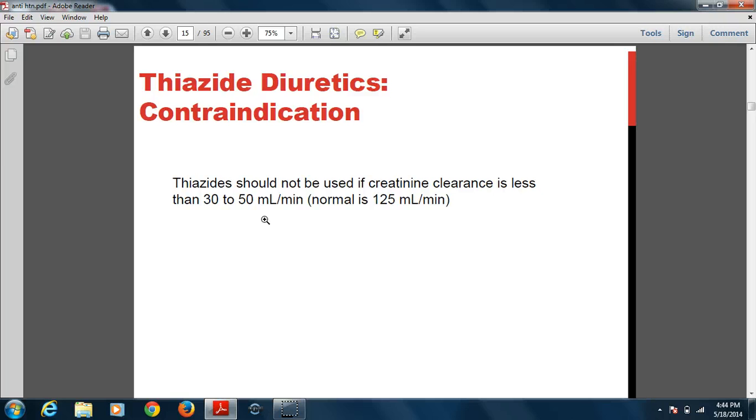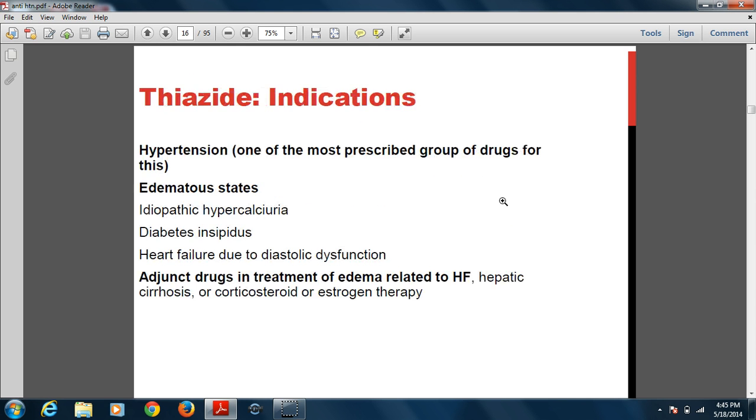You do need the kidneys to be working pretty well when you're going to use thiazide diuretics. And this can be a problem because if people have had long-time hypertension, a lot of times they have poor kidney function. So how do we monitor kidney function? We monitor it by looking at creatinine clearance. When creatinine clearance is poor, we sometimes don't use thiazide diuretics.